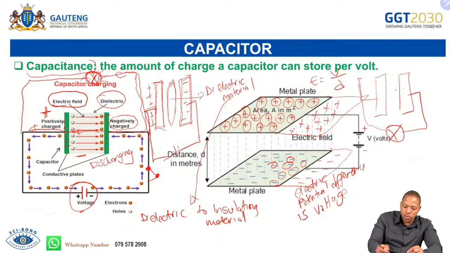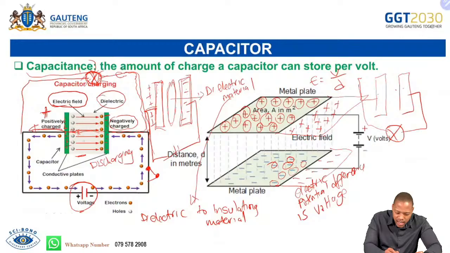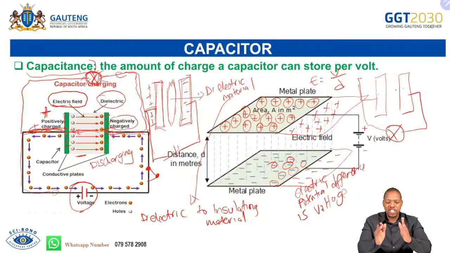Because remember, from this plate, we want electrons to leave. They will push more electrons from this plate, repelling them, being repelled by the negative electrons of the material. But the negative electrons of the material will take no part, and they will not move. They will repel the electrons from the plate, pushing them so that they move even more in this direction, while these ones are being pumped more, because for every electron that leaves this side, an electron must enter here, so that the net charge will remain constant.